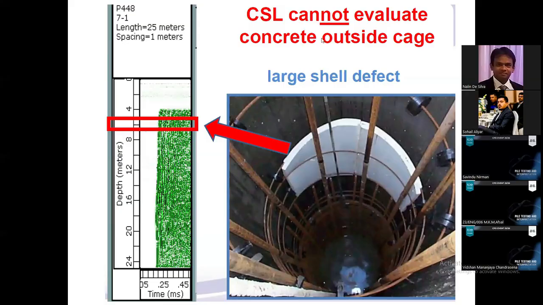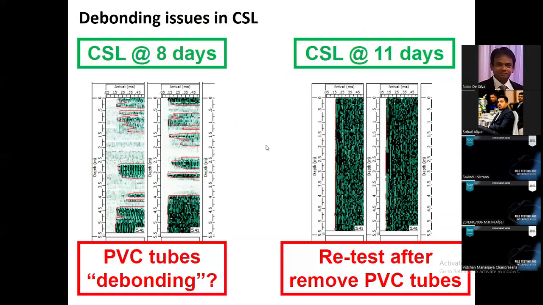right? Then in addition to that, you may get this type of wave record if there are debonding issues. So debonding means PVC tubes or steel tubes are debonded from the surrounding concrete.